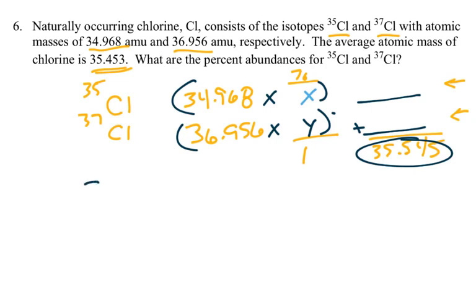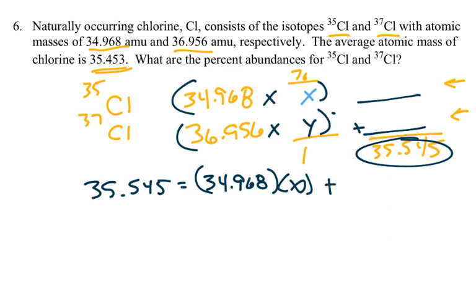So we know that 35.545 equals 34.968 times X plus 36.956 times, we would say Y, but how would you solve that? So we need to think of this in terms of this and this. 1 minus X will equal this one.